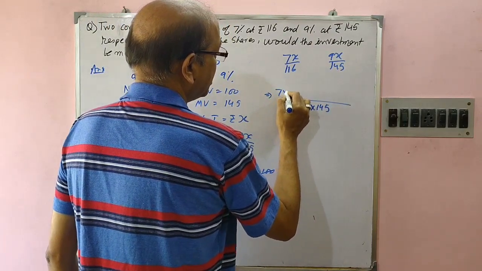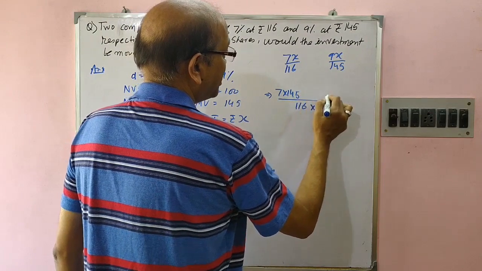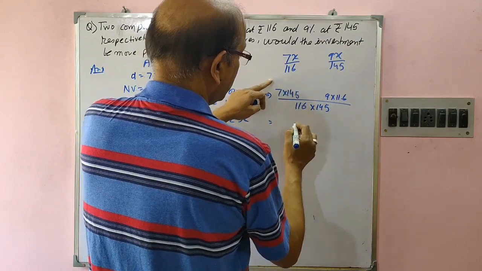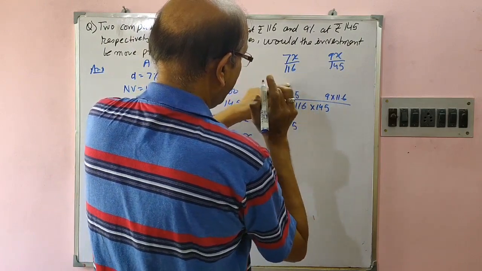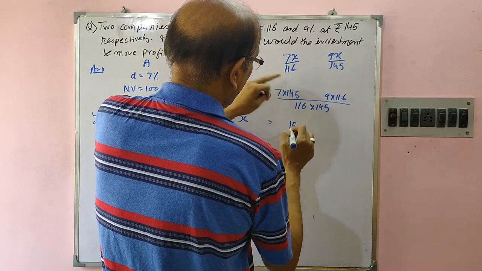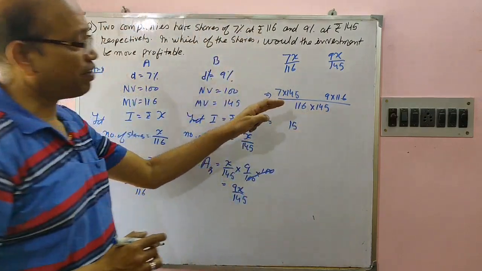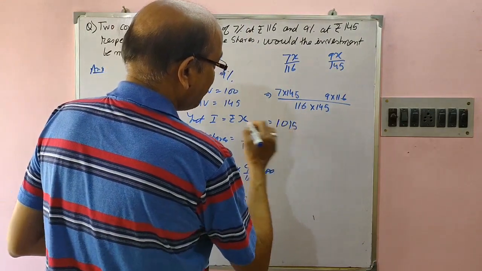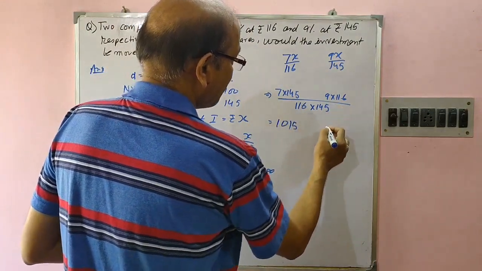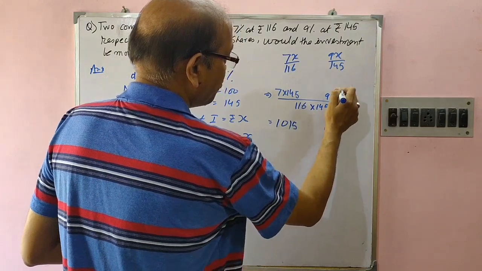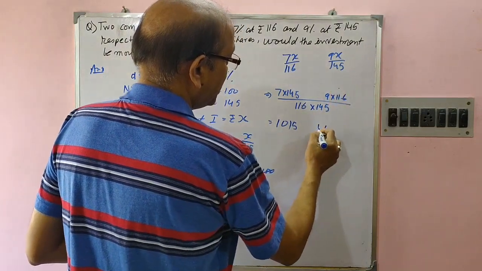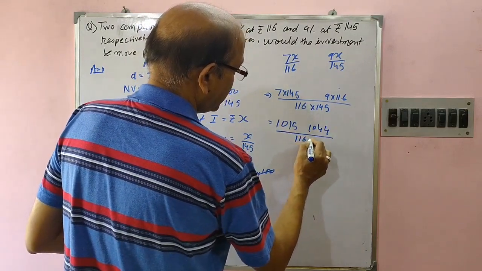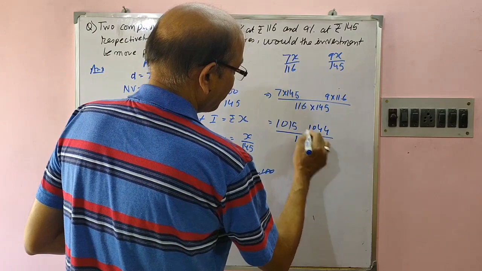Here this will be 7 into 145 and here it will be 9 into 116. 7 5s are 35, 7 4s are 28, 1015. Here 6 9s are 54, 54, 5 9s 45, 9 1s are 9, and 1044 by 116 into 145.